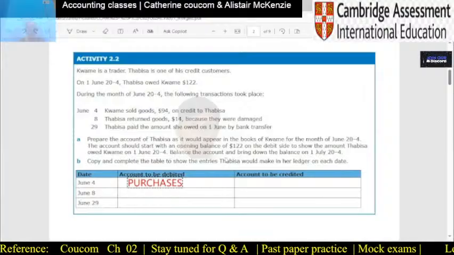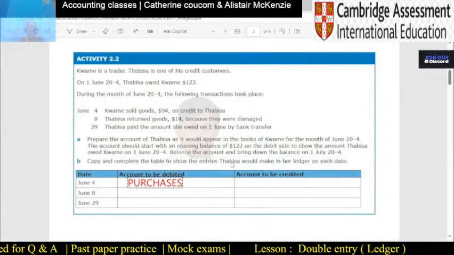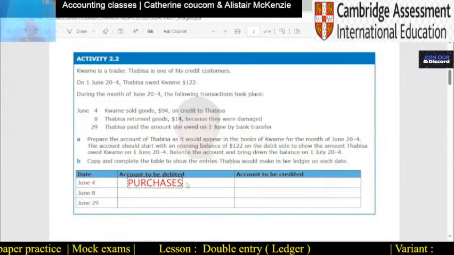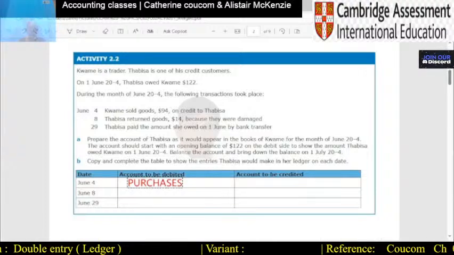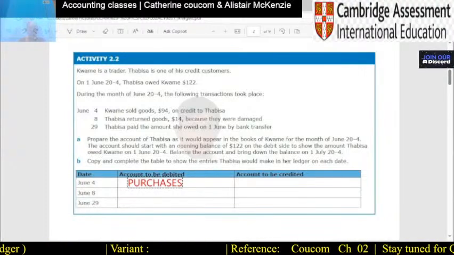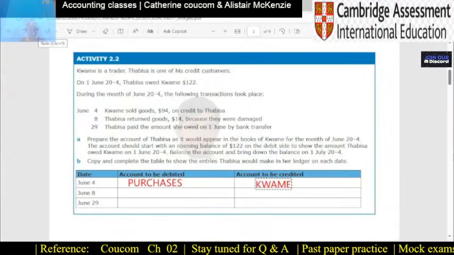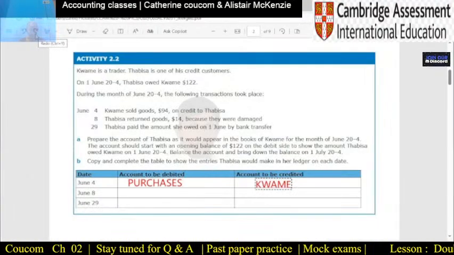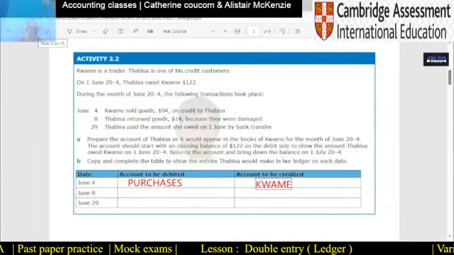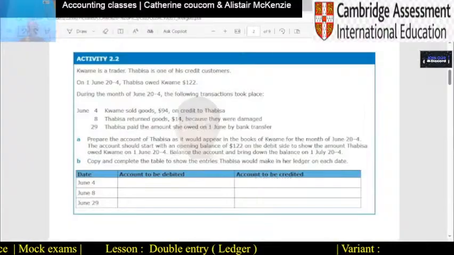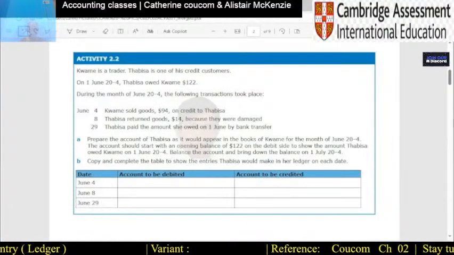So these are the books of Tabisha. When she purchases, the purchases account receives, and who gives? Obviously Kwame gives.